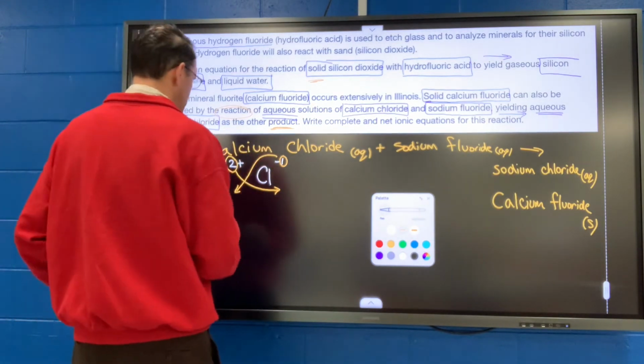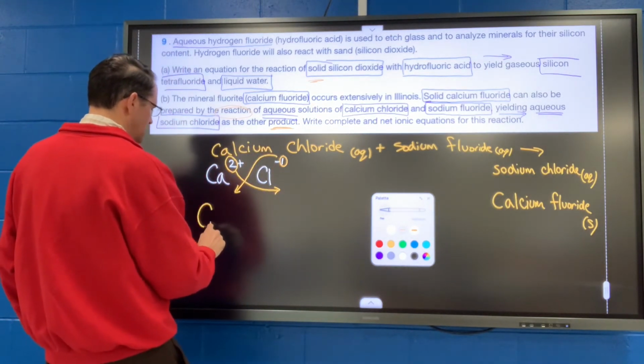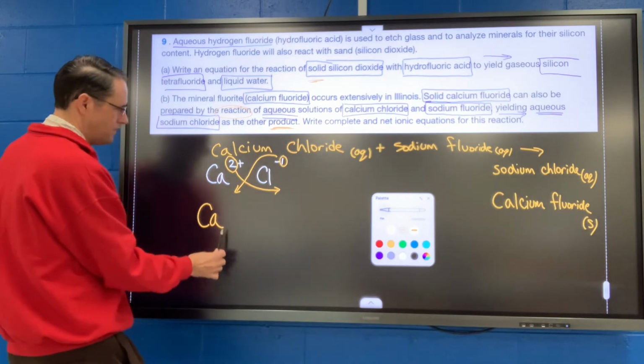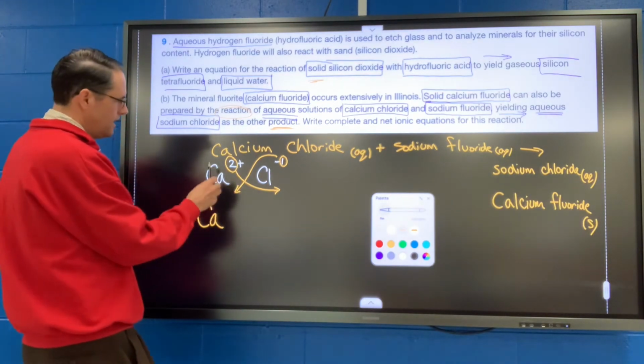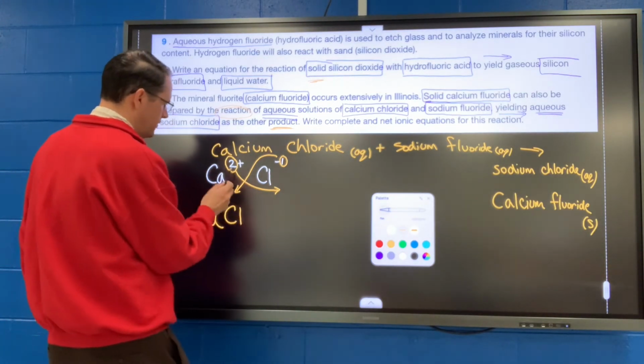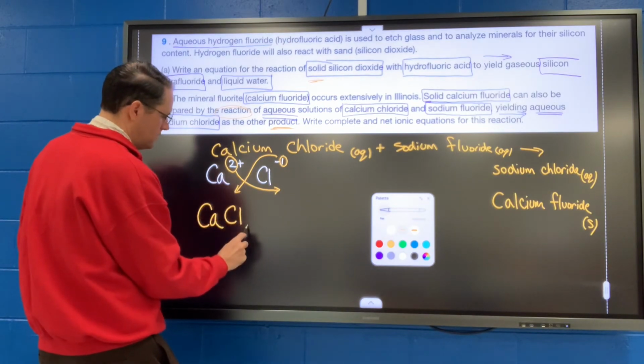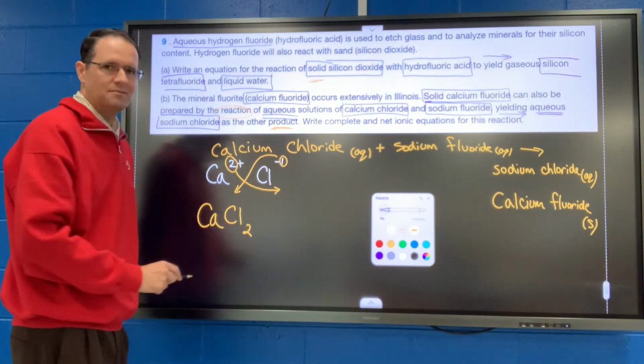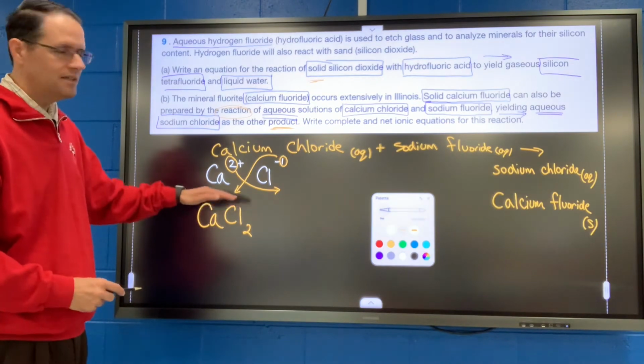So after we do this, we get calcium, we just have one of those, we don't write the ones. And then we have chloride, and there's going to be a 2 that comes down. So the formula for calcium chloride is CaCl2.